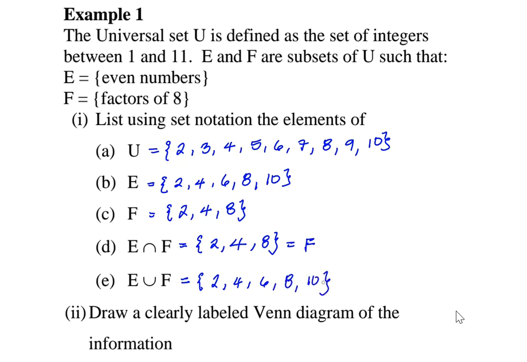Again, if you look carefully, you'll see that E union F is the same as the set E. The two sets are equal sets.